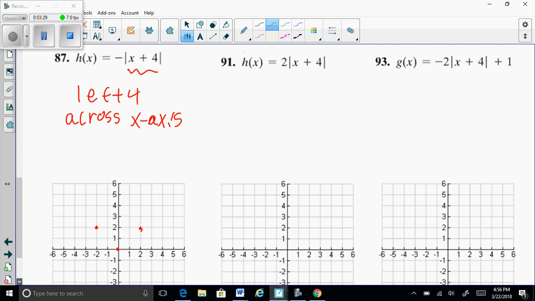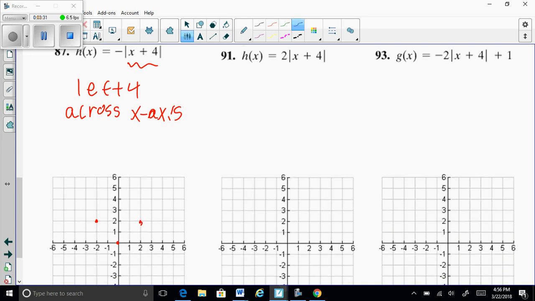Okay. So we're going to go left 4, and then flip across. Left 4, and you're on the line of reflection, so you stay where you're at. Left 4, and then we go across, and we end up down right here. And so this time we open upside down, and what caused that was that negative sign in front.